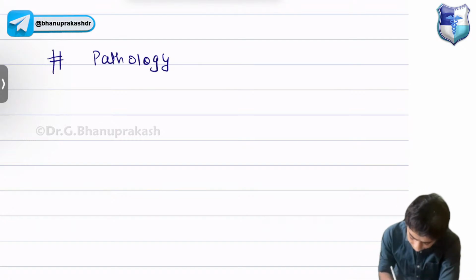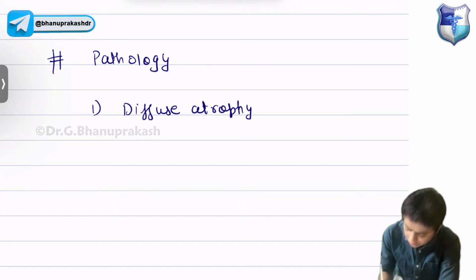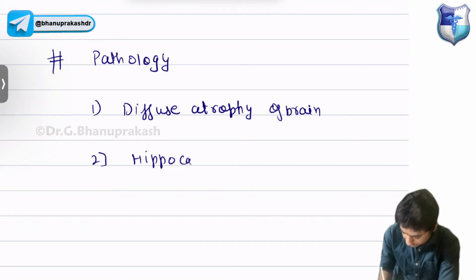So there is a diffuse atrophy of the brain. What is diffuse atrophy of the brain? Second, most important and earliest is hippocampal atrophy.